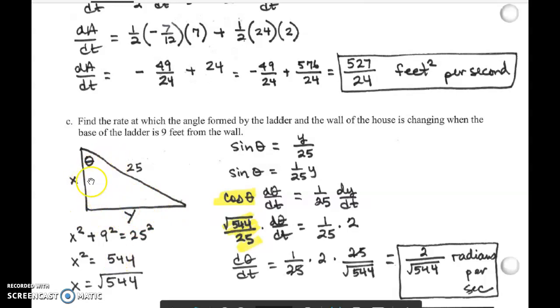But if you did the Pythagorean theorem, you'd figure out the adjacent side is the square root of 544. So if you plug this into your calculator, you will get the same 0.08, whatever that number is that I came up with earlier. So again, you can pause the video if you would prefer to write this answer down. I feel like if I explained it this way, though, I would have lost a few of you. But if you follow along, then that's perfect.